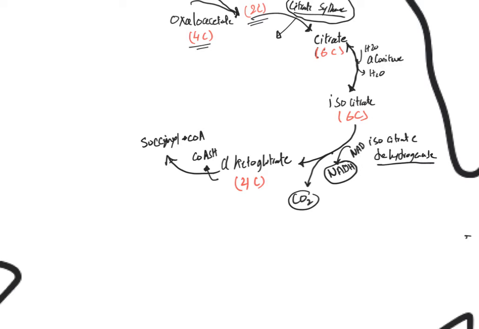Wait a second, this is a 5-carbon molecule, I'm sorry. So from a 6-carbon to a 5-carbon molecule, okay? And succinyl CoA is a 4-carbon molecule. As I said, we lost a carbon, so there is a release of carbon dioxide.